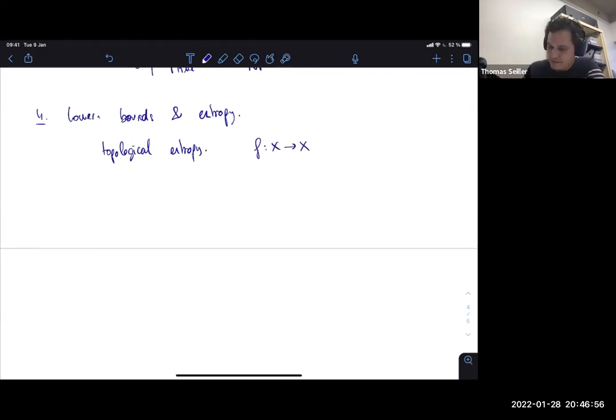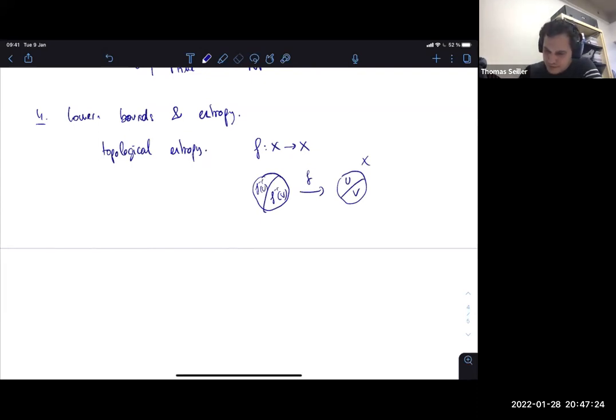So let me explain this. You take X as a set, so it's a topological space, and you take a cover of it, an open cover, right? So let's say with 2 sets only. And then F is continuous, so you can look at the inverse image of this, right? So you have U, you have V, and now you have F^-1(U), F^-1(V).